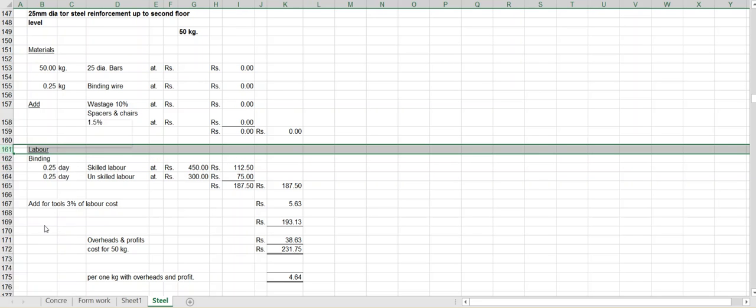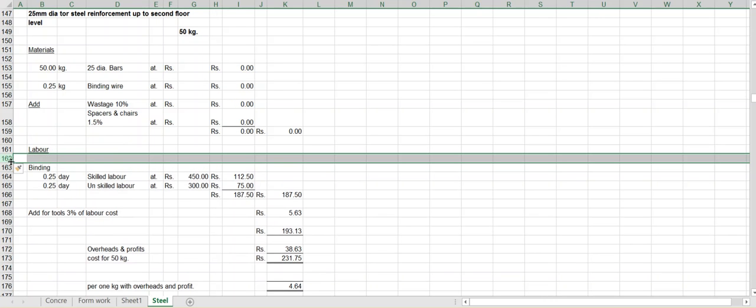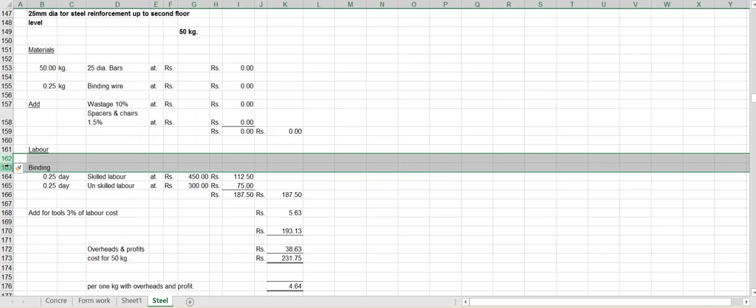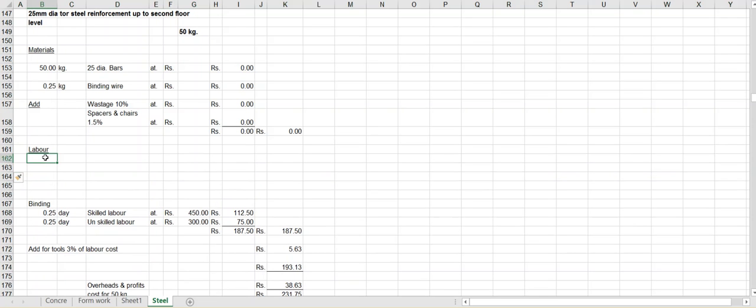If we add more, we need to add for bending and cutting, and then for handling.